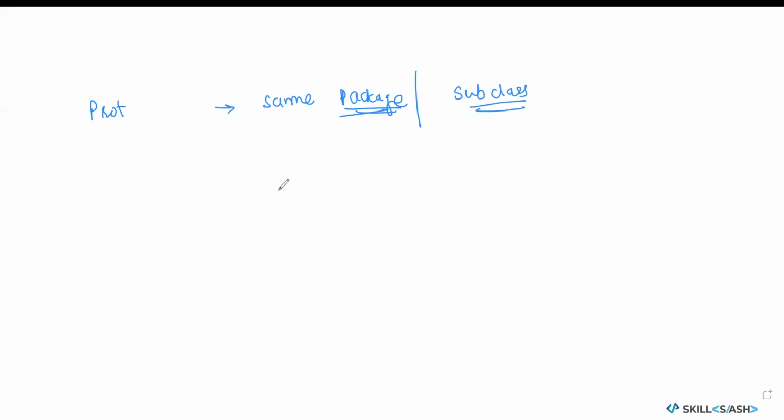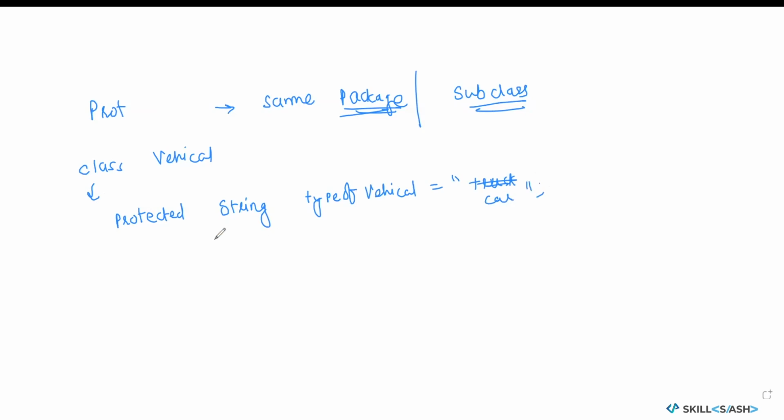Now, let's go back and understand where in a subclass it can be used. So if I'm creating a class vehicle, and I'm creating, let's say, protected, simply car, and it can be parked, so public void park.